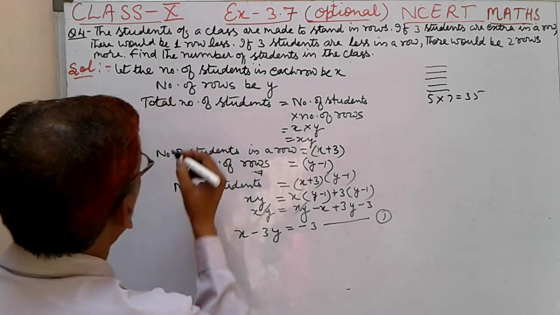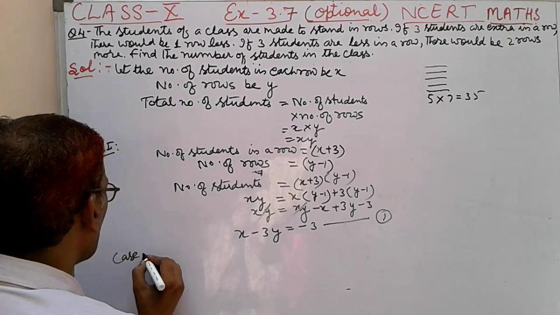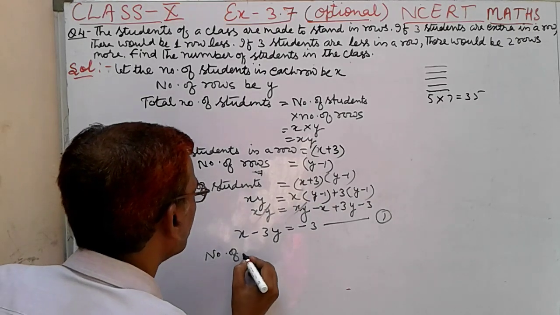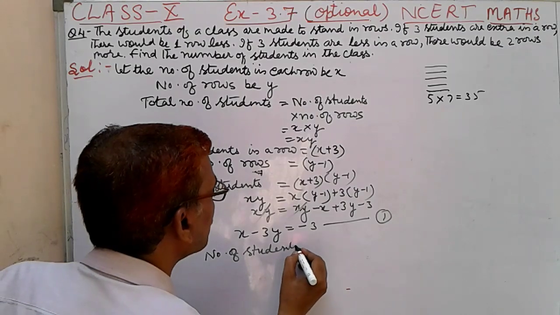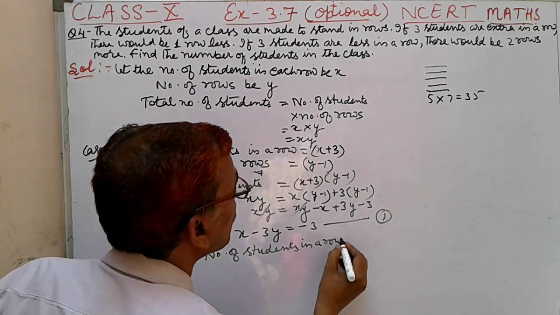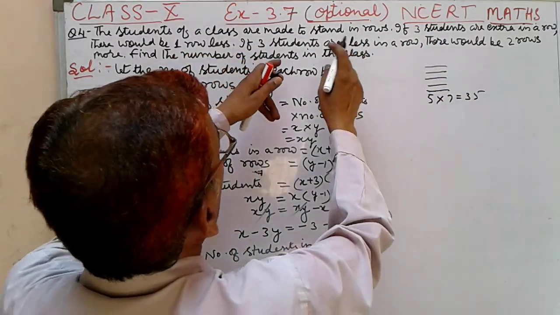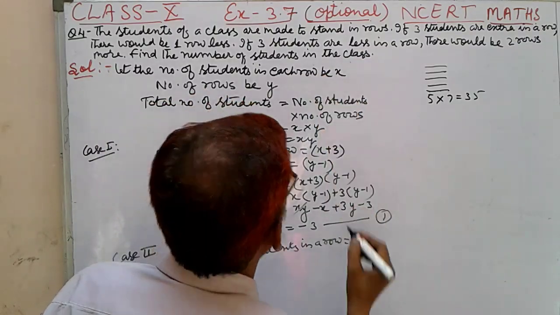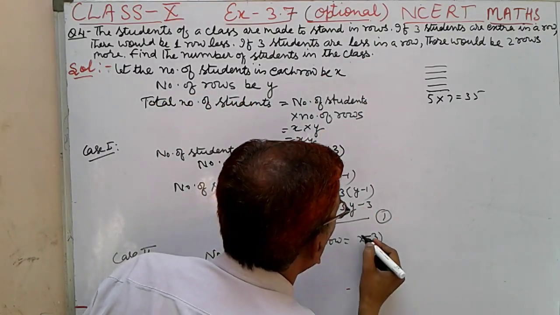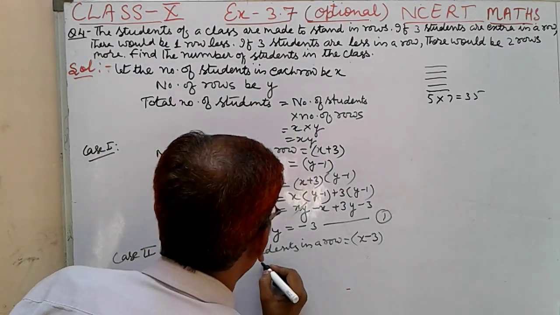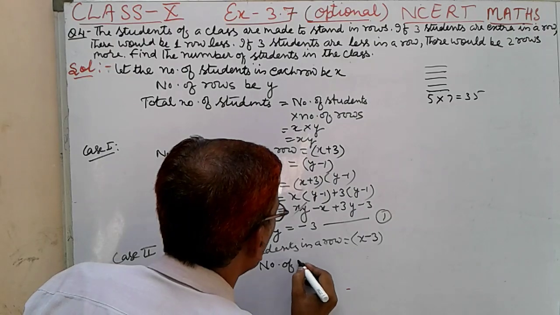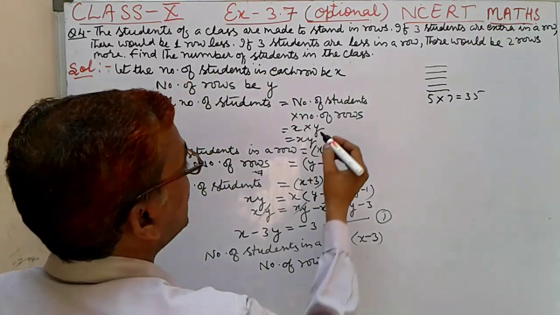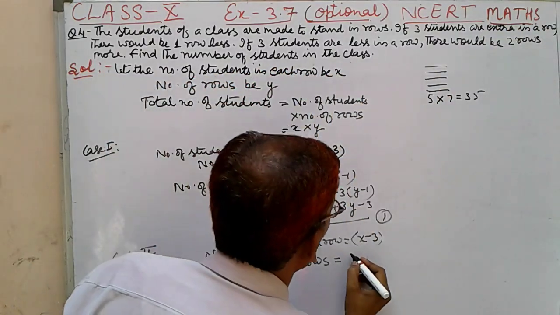Now similarly in the second case, case number 2, number of students in a row: 3 students less in a row means x minus 3. Number of students will be x minus 3 and how many rows will there be? 2 rows more means y plus 2.